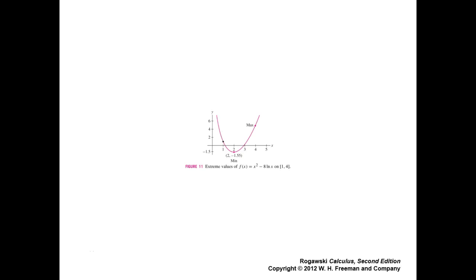All right. From my memory and my mark in the book, we're on example 5 in chapter 4, applications of the derivative, section 4.2, extreme values, example 5 on page 204. That's the logarithmic example.